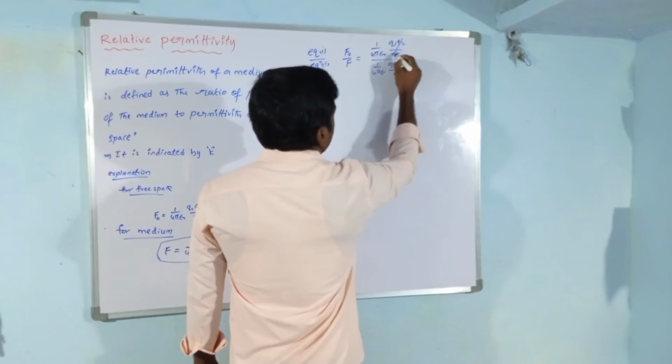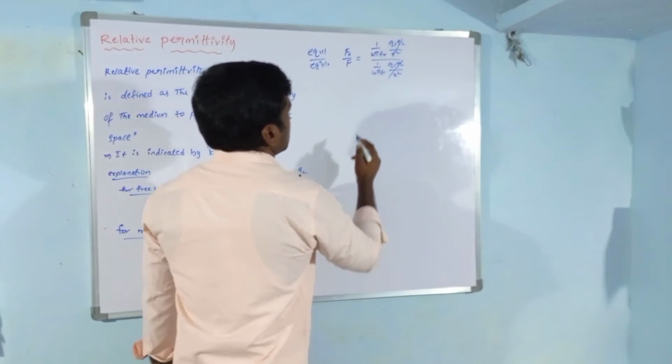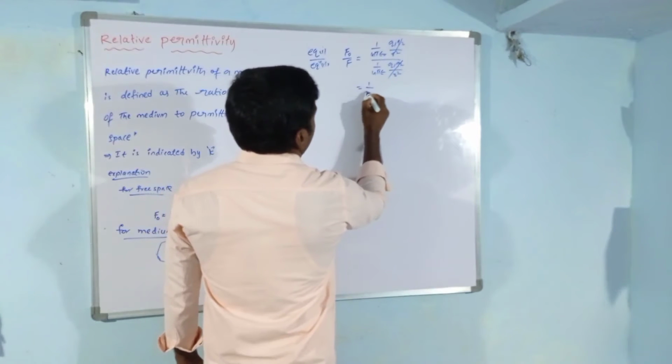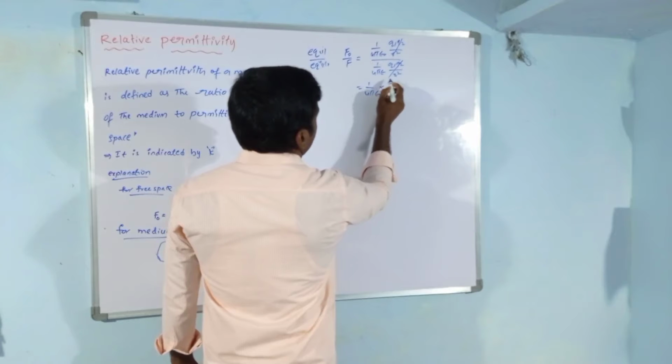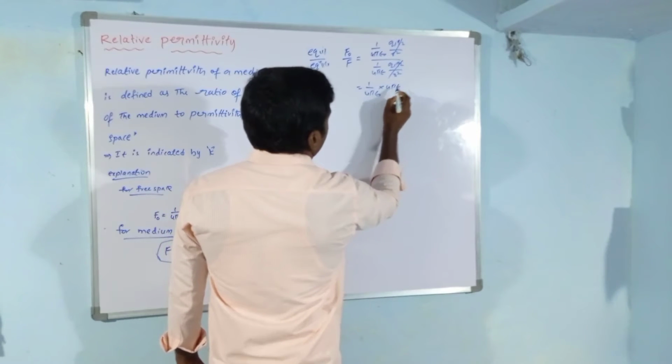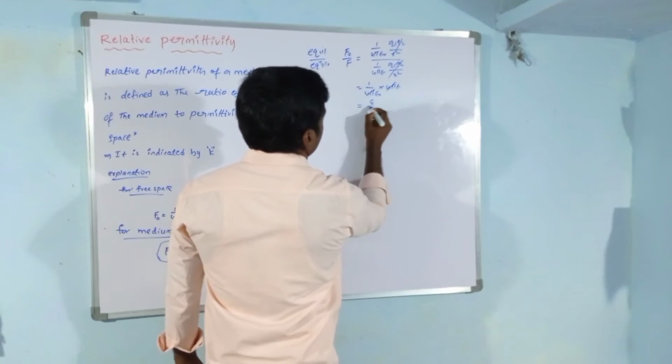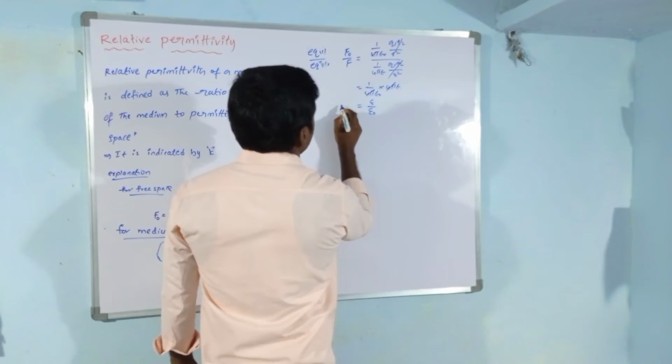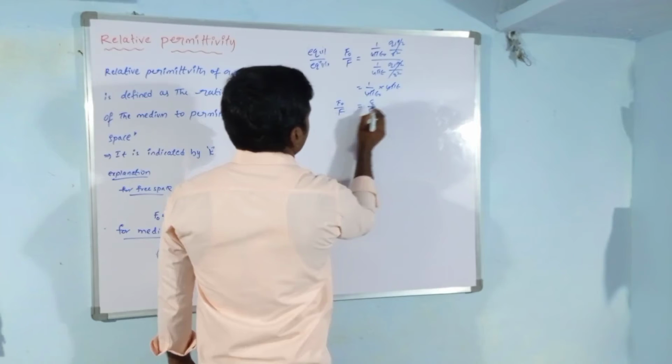These two are similar, so they get cancelled. This is 1 by 4 pi epsilon naught; when it goes up, it reverses, that is 4 pi epsilon. The 4 pi gets cancelled, leaving epsilon by epsilon naught, which is F naught by F.